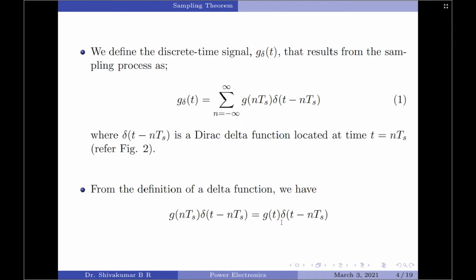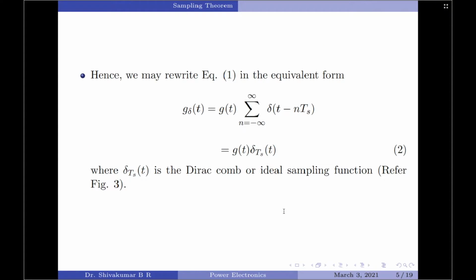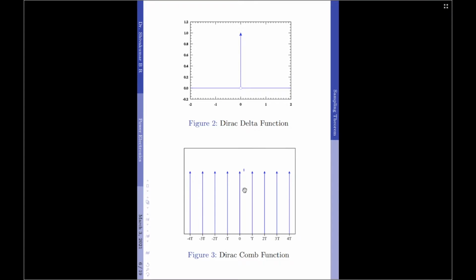So, we will now rewrite equation 1 by substituting this part by this part to generate a new equation given by g delta of t equals g of t into summation n varying from minus infinity to plus infinity delta of t minus nTs. Here delta Ts of t is the Dirac comb function, which is also called the ideal sampling function. We in fact have a diagram for that also.